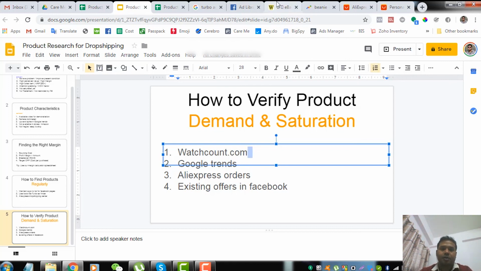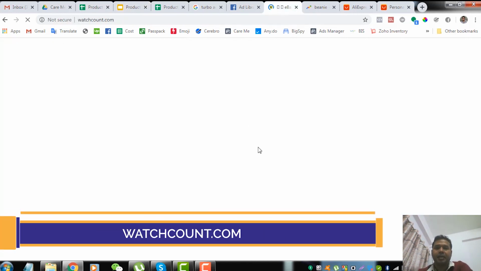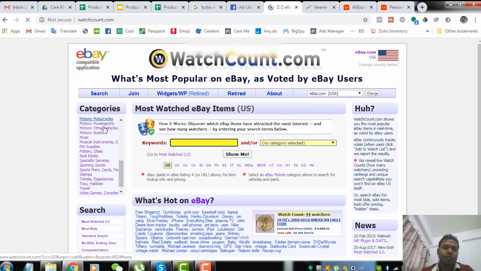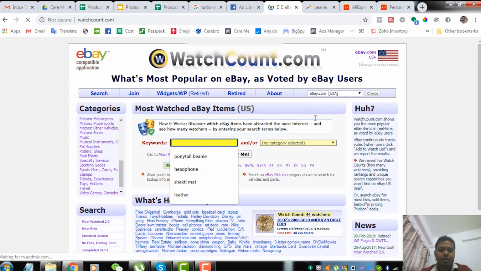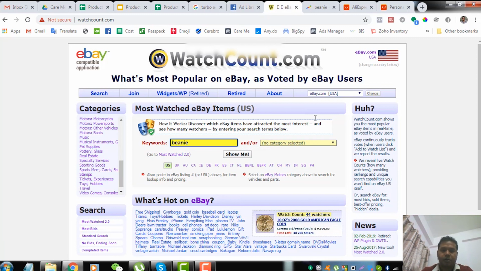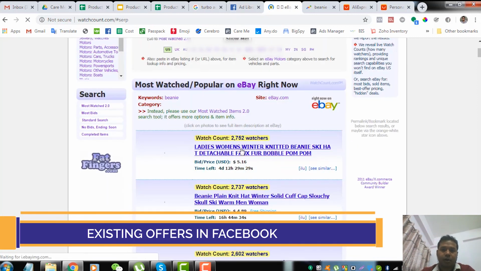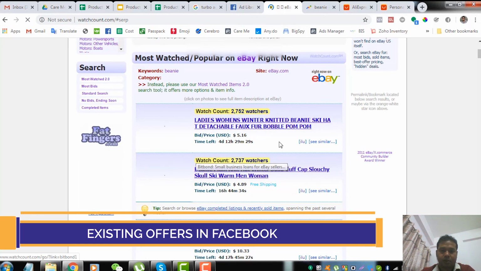And lastly, one other site is WatchCount, which is mostly for eBay, but still it's a handy tool for you to verify product demand. So here in eBay you can see the categories from eBay. You can come here and look for products. You can search for this product niche keyword and see how many people are watching, in the watchers column.